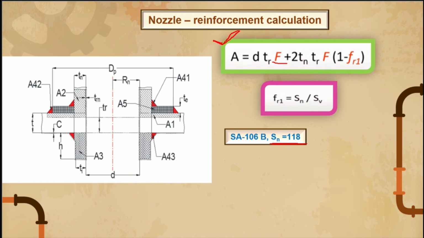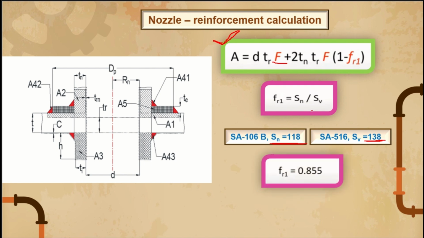So please refer to that book. And for shell, SA516 grade is given in the given data. For that, the allowable stress is equal to 138 megapascals. This value also you will find in the Section 2 code book. Substitute these values in FR1, and you will get FR1 as 0.855, guys.